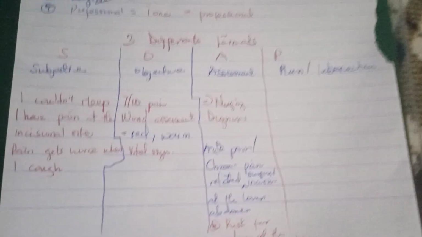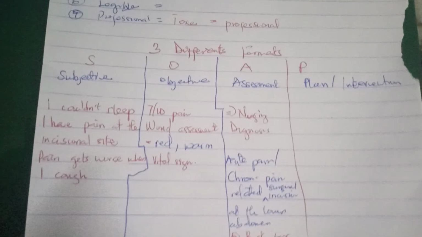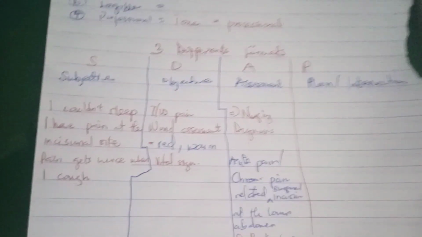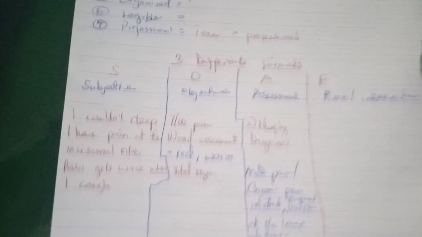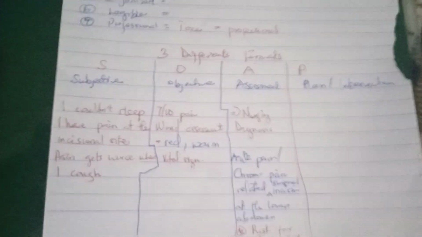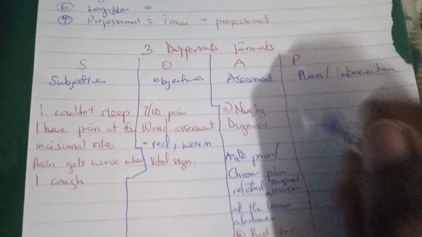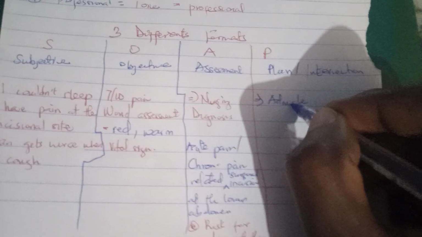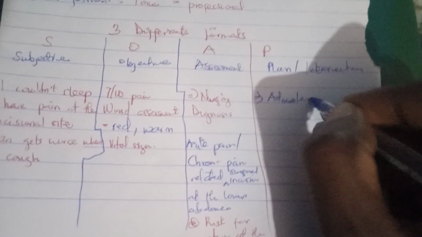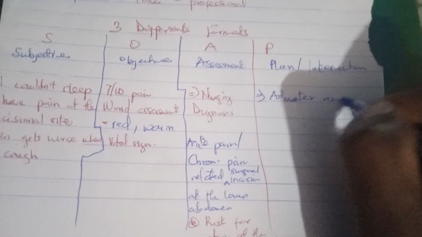Okay. So your next plan of action, which is the P, will be what you did, your interventions. Since there is pain, there's a high probability of administering some drugs. So you administer analgesics.